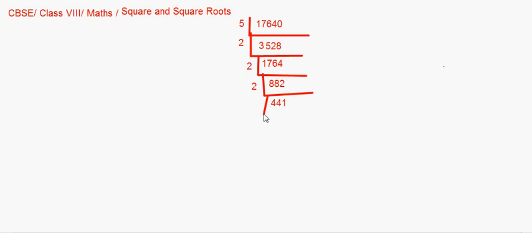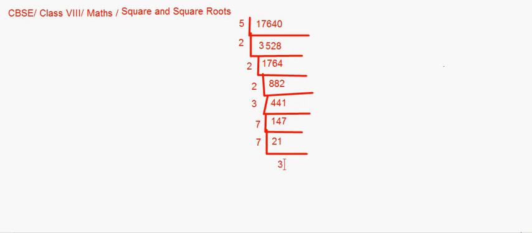This is divisible by 3, and that gives me 147. Again that's divisible by 7. I think we got the same number in the previous question. That's 7, and it's giving me 21. This will again get divided by 7, which is a prime number again, and I'm left with a 3.